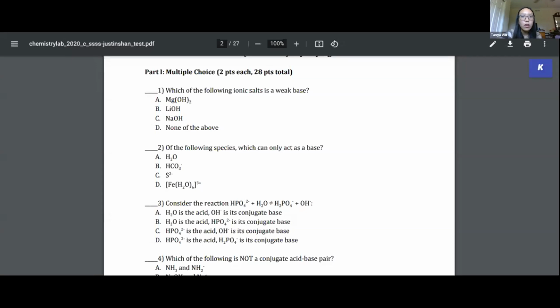On the slideshow, there is a slide with the strong acids and the strong bases. If it's not on that list, then it's a weak acid or a weak base. You just have to memorize these. Lithium hydroxide is on the list, and so is sodium hydroxide. Magnesium hydroxide is not on the list, but you can tell it's still probably going to be a base. So the answer to number 1 is A.